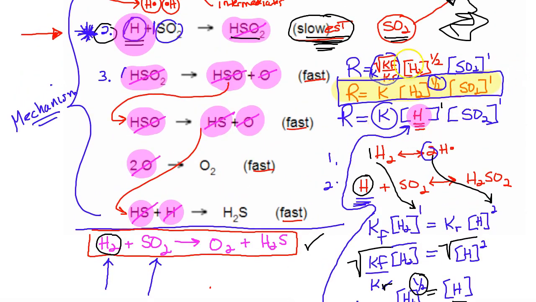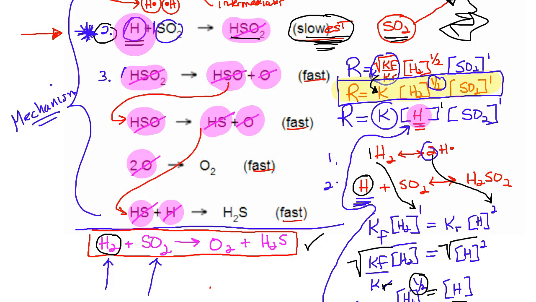And of course, that gives me this incredibly complex expression. This is the k of the second step elementary. This is the square root of the division of the first step forward k over the reverse. And when you multiply this together, if you had the numbers, that would give you the reaction's k. Okay, that's important. And then, of course, there you go.